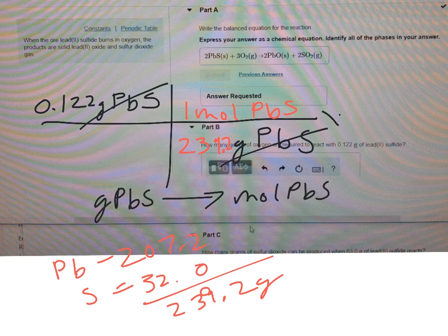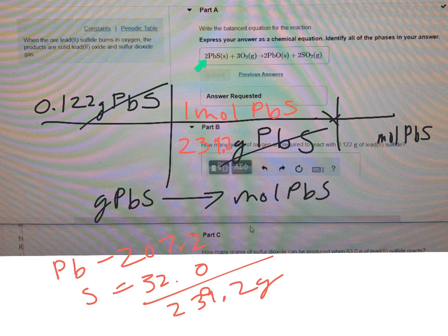Now I don't want moles of lead sulfide, so I'm going to place my moles of lead sulfide where they'd cancel out. I'm being asked about grams of oxygen. Do I know a relationship between moles of lead-2 sulfide and moles of oxygen? Yeah, that chemical equation right there tells me. It tells me that 2 moles of lead sulfide is needed to react with 3 moles of oxygen.